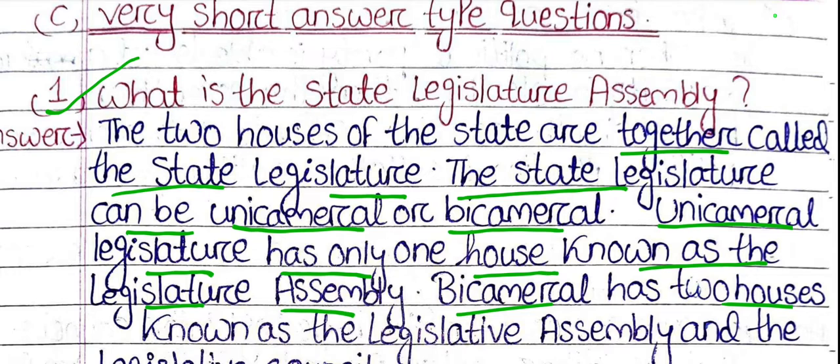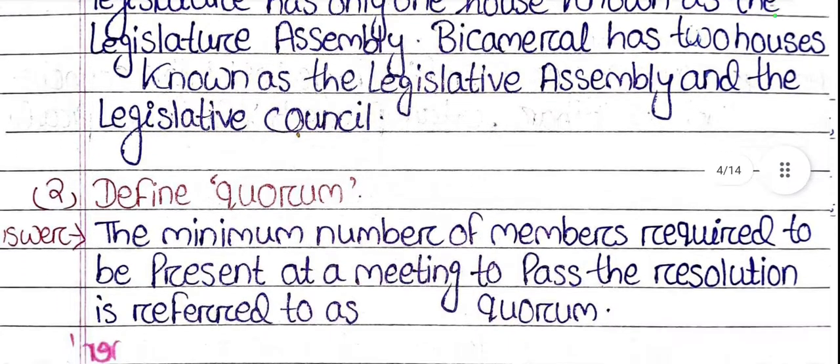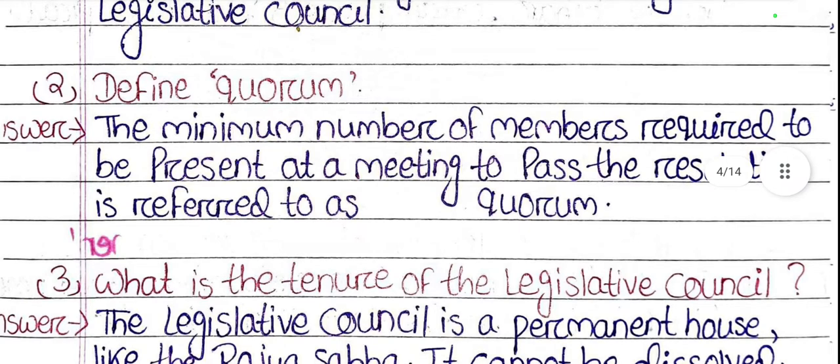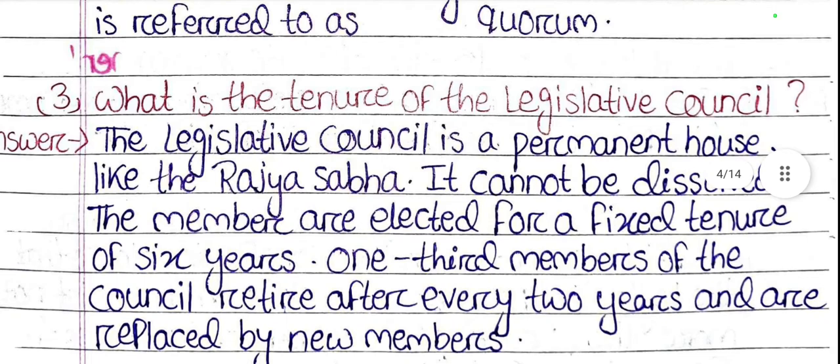Bicameral has two houses known as the legislative assembly and the legislative council. Okay, so then define quorum. The minimum number of members required to be present at a meeting to pass a resolution is referred to as quorum.